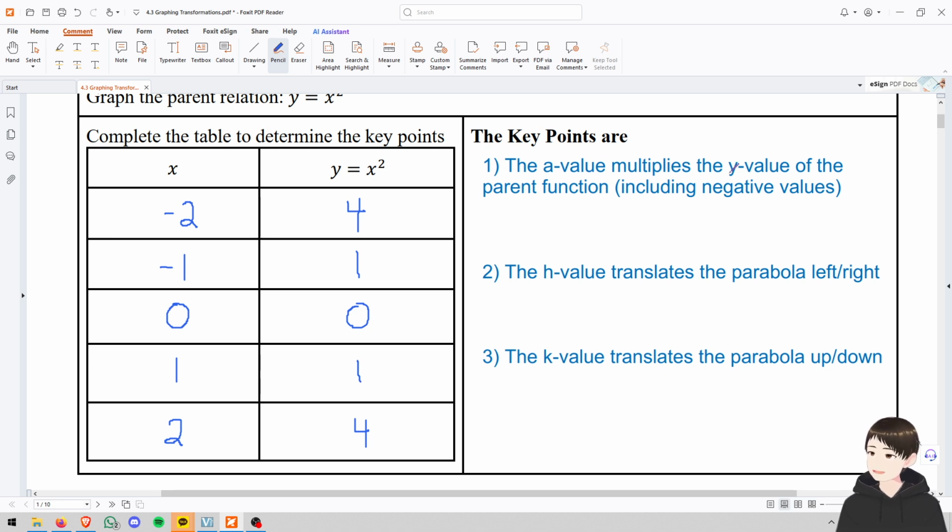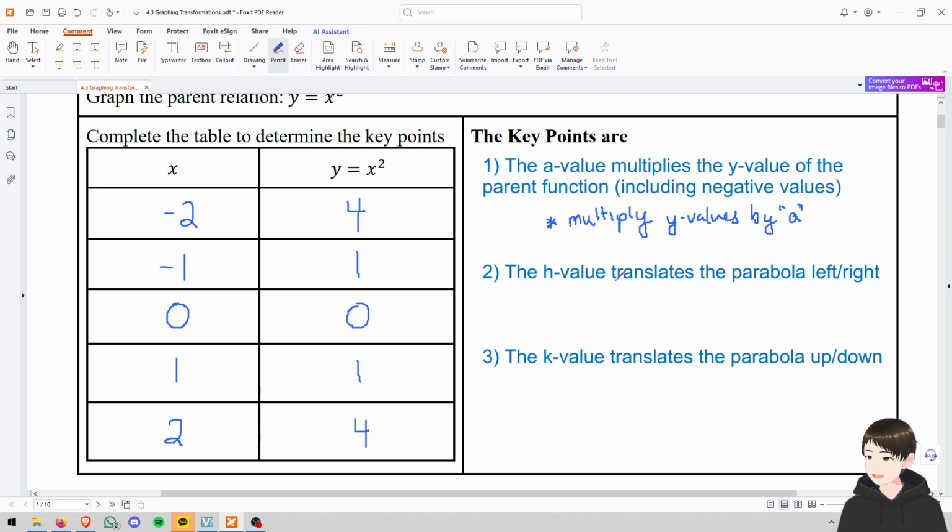How are we going to do the a values? I'll put a little note here, but it's easier to see it in action. So as a note, just multiply the y value by a. Whether it's positive or negative, you're just multiplying with a.